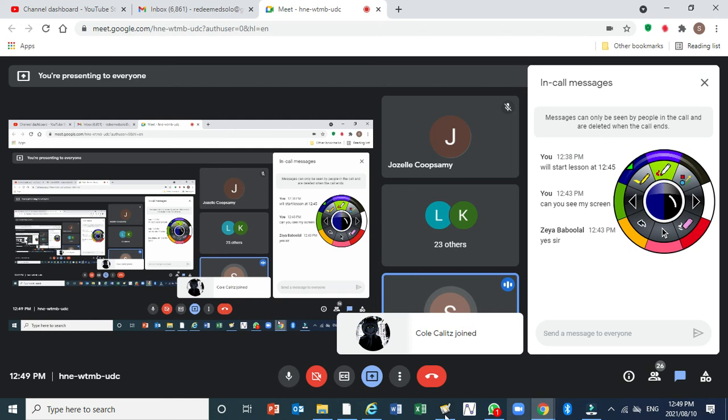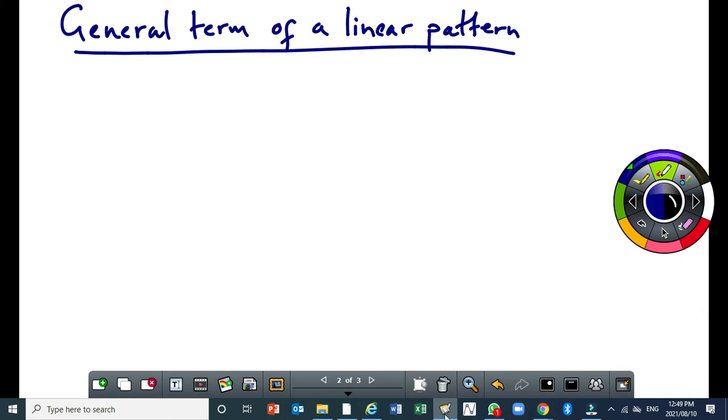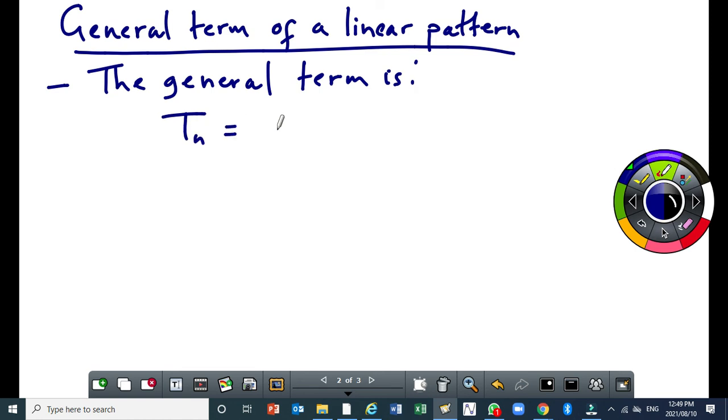Okay, I expect you to know that. So the general term is Tn equal to, let's use An plus C. Right, I'm going to define all those letters, what they mean, okay?